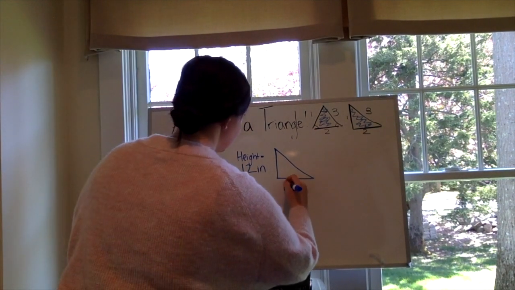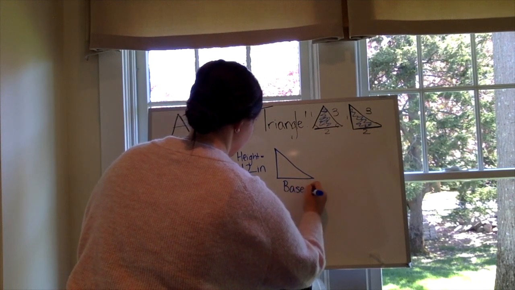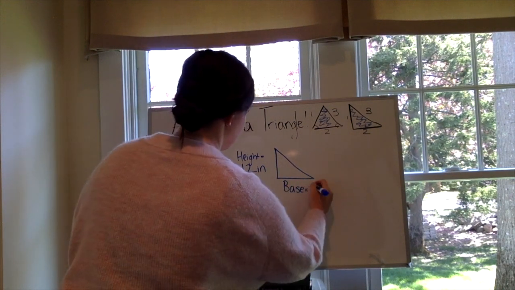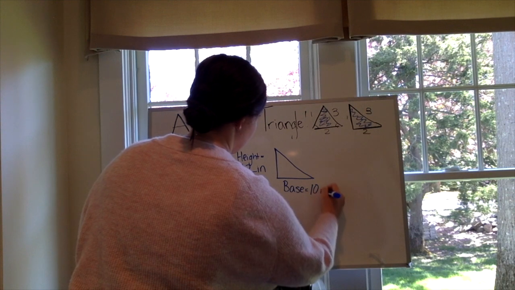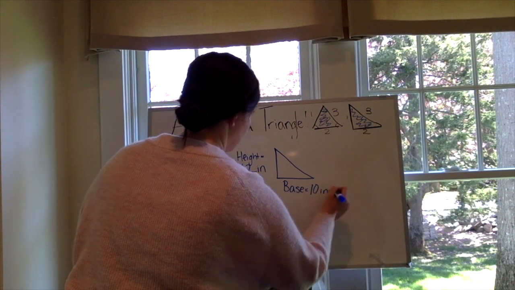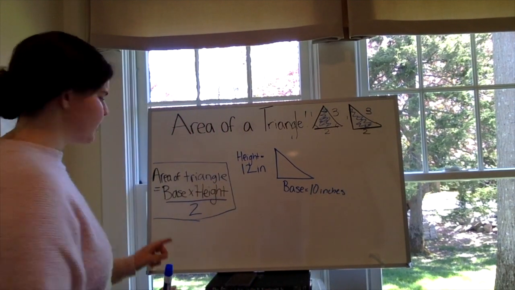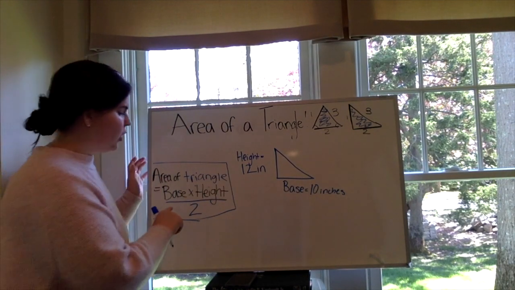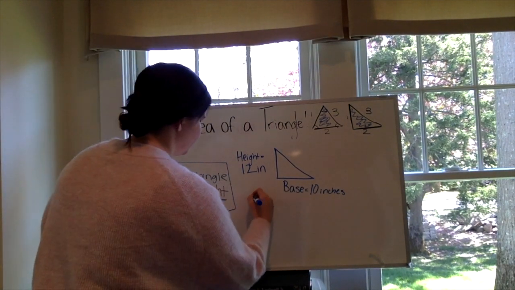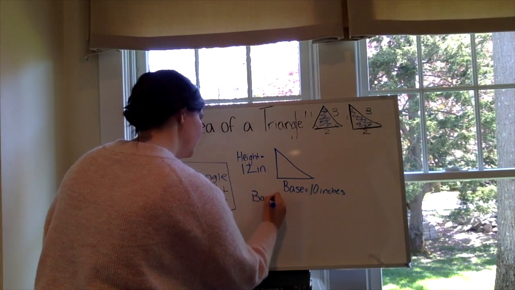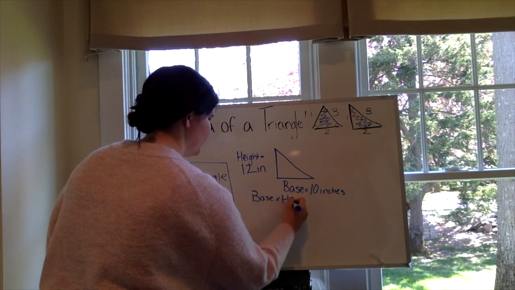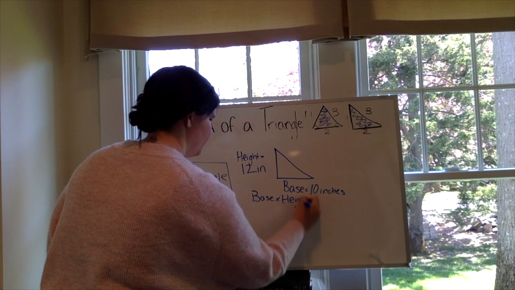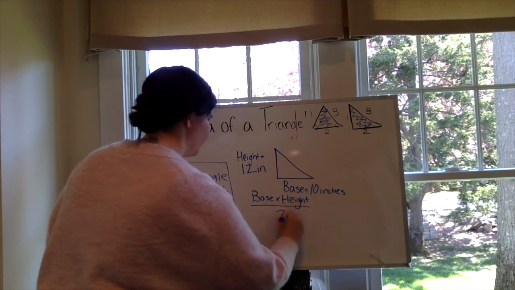And its base was equal to 10 inches. So what we need to do is we're going to take this formula and we're going to plug in our information. So we're going to do base times height divided by 2.